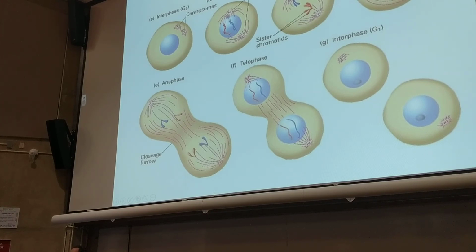The DNA organizes and condenses at the metaphase period. Then the nuclei are segregated, and then the cleavage furrow that separates the two cells, and then the two nuclear envelopes that form the two nuclei.